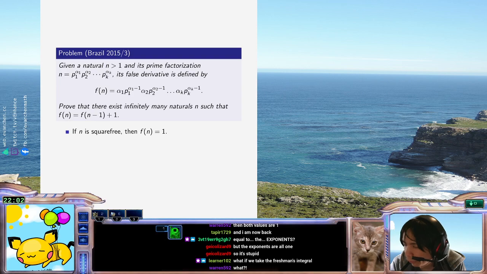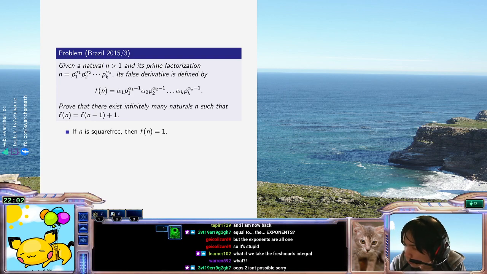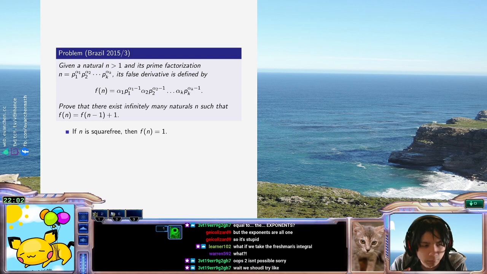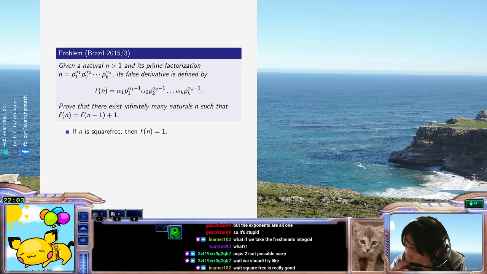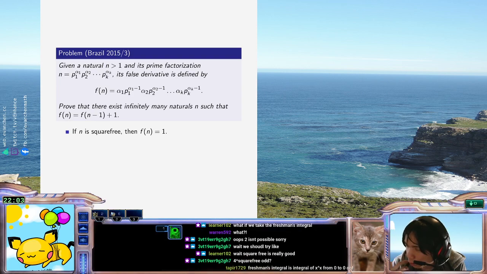On the other hand, the square free case: I am less scared than I was before. I was looking at this as, oh my god, these values are really bad. But as long as n and n minus 1 are square free-ish, most of the prime factors won't matter.